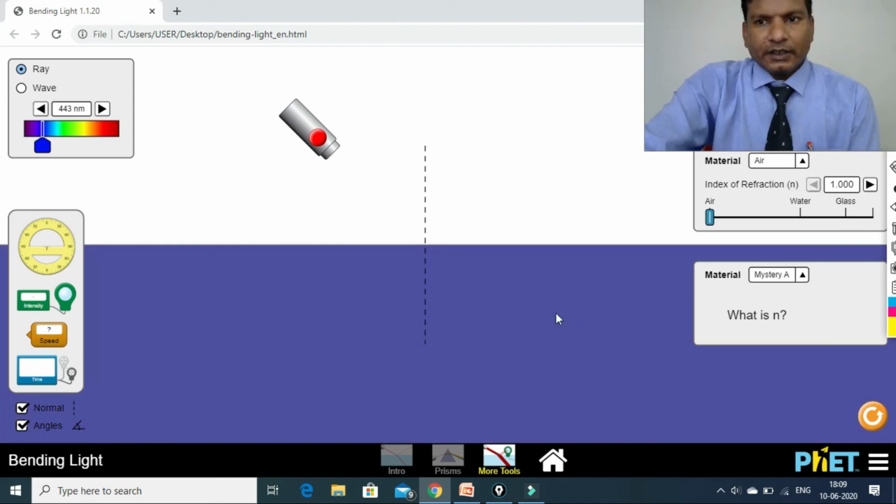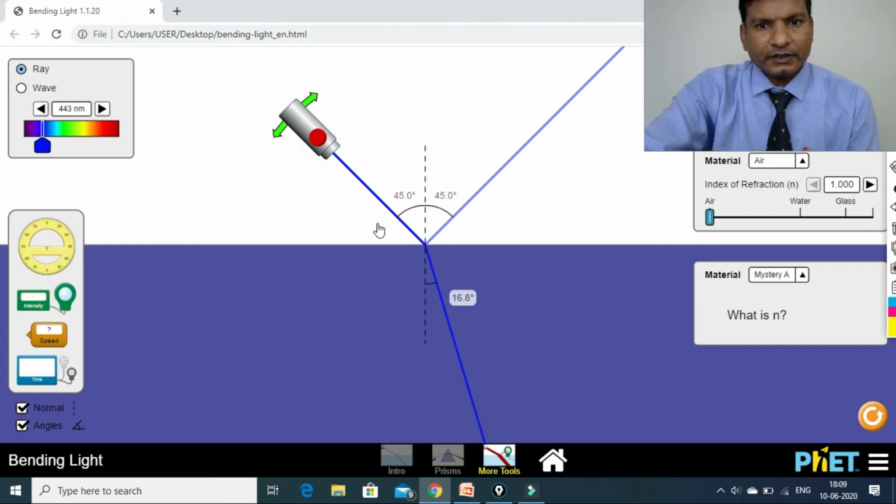Okay, now see, when the ray of light is coming from air to this medium, what happened here? Let's check, it is bending. Bending means refraction is taking place because this is the denser medium and this is the rarer medium. Now suppose the ray of light falls normally in this situation, what happens? Let's see.